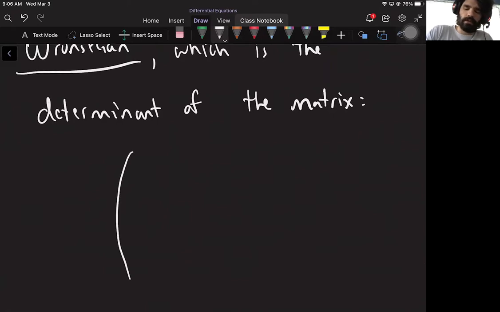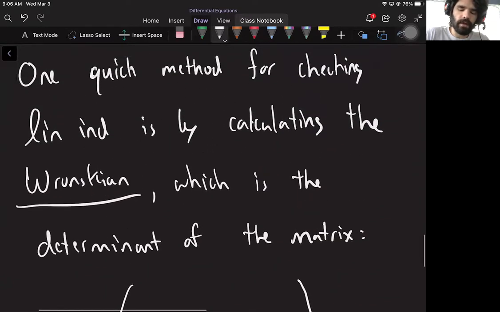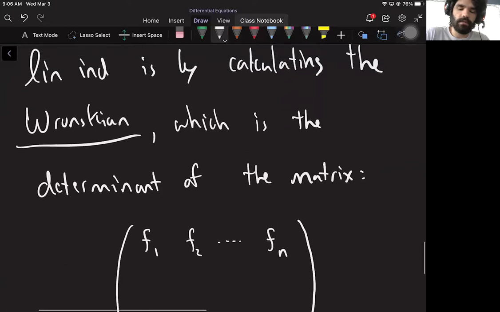Okay, so a matrix is just an array of numbers or functions in this situation. So what we do is we take our functions, we put them at the top row of this matrix.